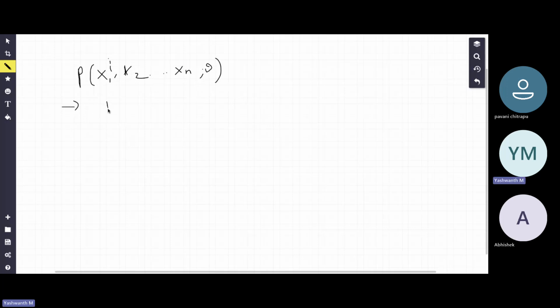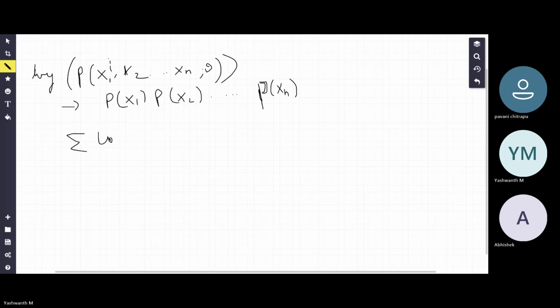Since each data point is independent, this will factorize. Now we take the log, and the log of this, log p of xi given theta, is what we want to maximize.